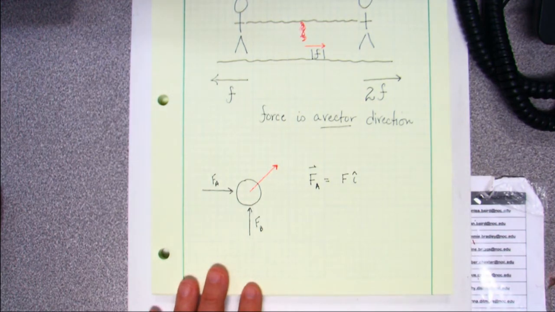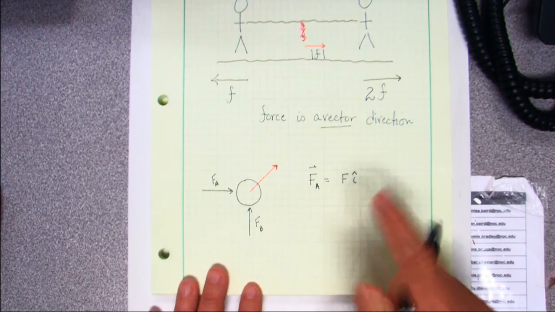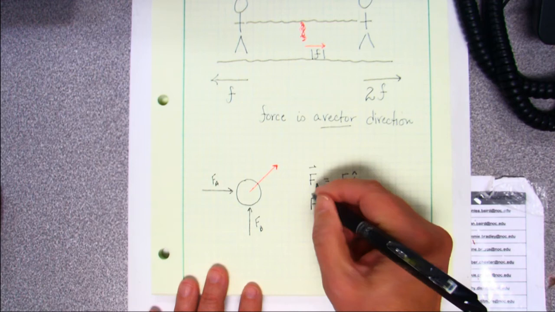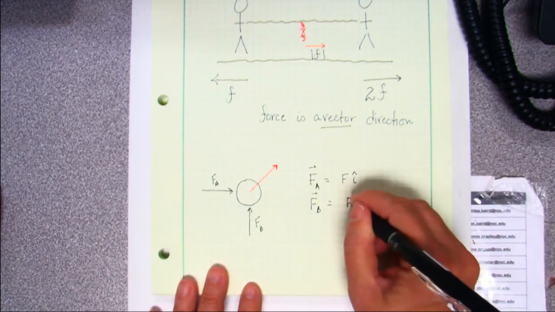Remember that if I'm writing this out, just by putting the I as a bold, that's telling you it's in the I direction. And force B is giving me a force in the J direction.